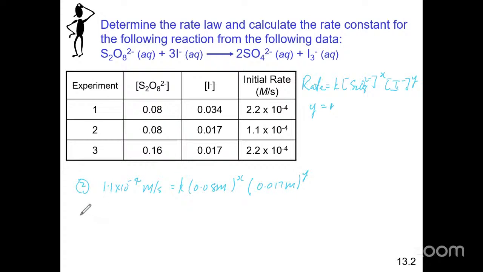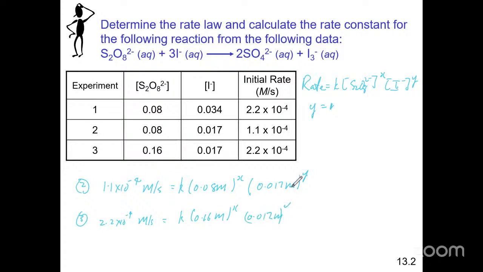And then for 3, what am I going to write down for 3? 2.2 times 10 to the minus 4 M per second is equal to K times 0.16 M raised to the x times 0.017 M raised to the y.